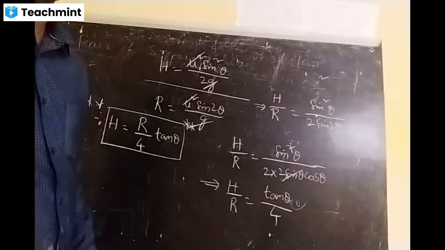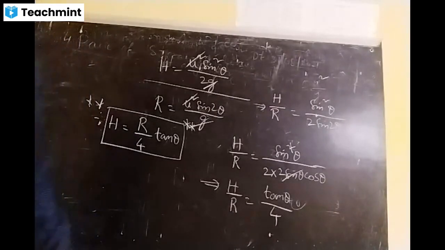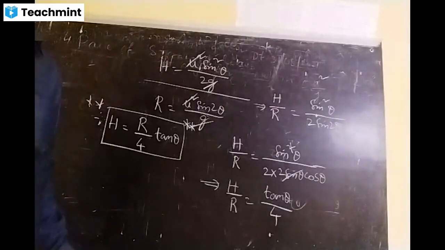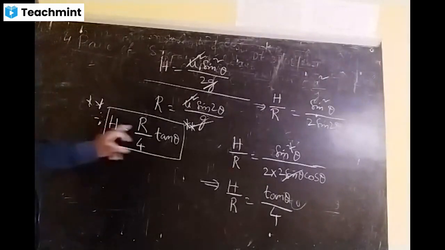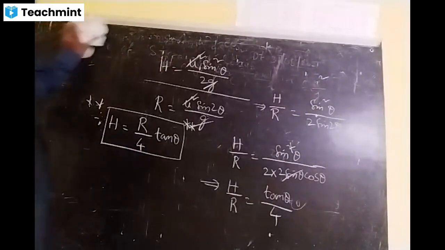Complementary angles theta and 90 minus theta give the same range, right? And also I have found out the relation between maximum height and range of a projectile as H is equal to R tan theta by 4.